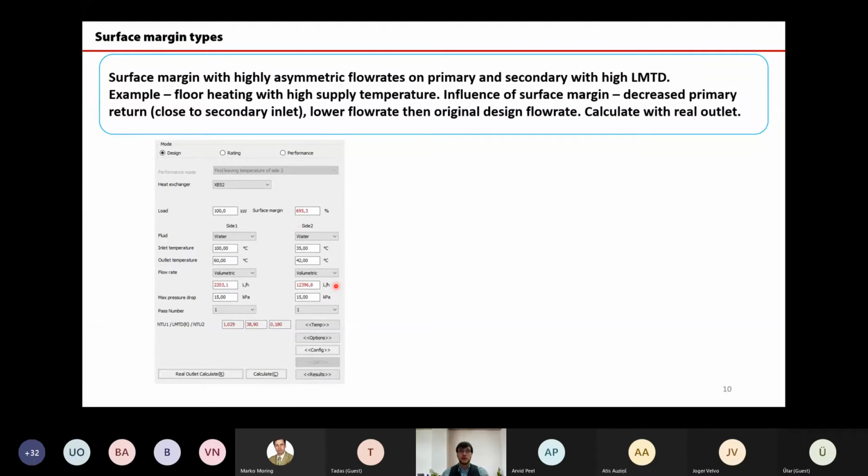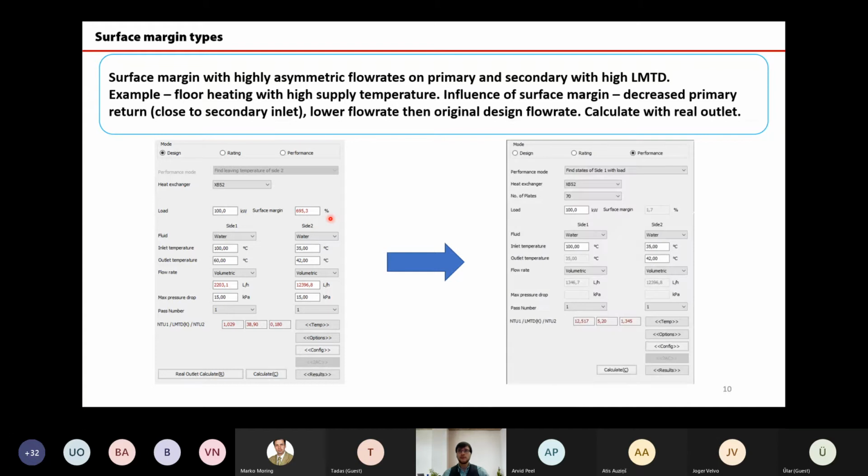In the most general case, if I want to understand what is the impact of my 700% surface margin, I need to calculate this heat exchanger with the real outlet conditions, meaning that I need to perform a so-called performance calculation of the heat exchanger. Here, there are 2 ways of doing that.